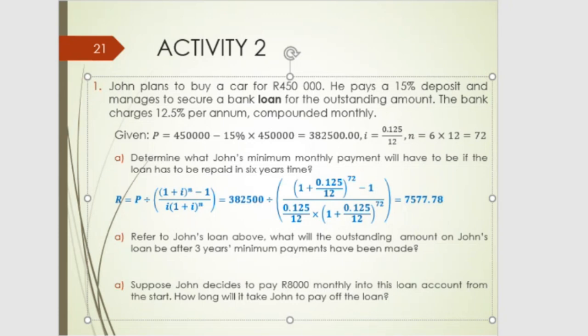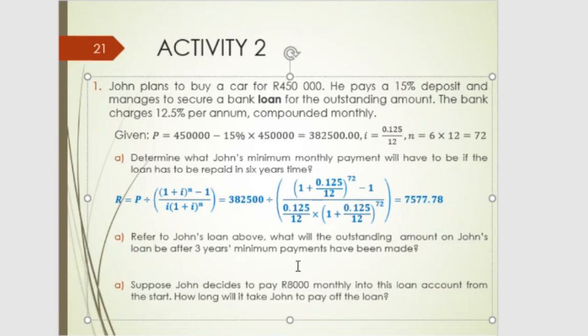So what does this mean? What will be the outstanding balance? So we need to refer to John's loan above. In other words, what they are trying to say is that John already paid 3 years.